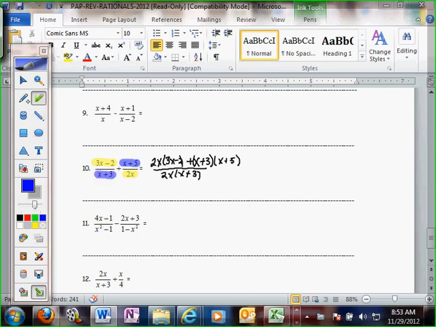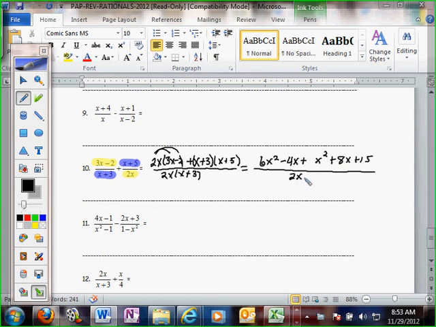So simplifying, here I distribute 2x times 3x is 6x squared. 2x times minus 2 is minus 4x. Plus, I have to FOIL or box these, and when I do, I get x squared plus 8x plus 15 over, leaving the bottom in factored form, x plus 3 times 2x.